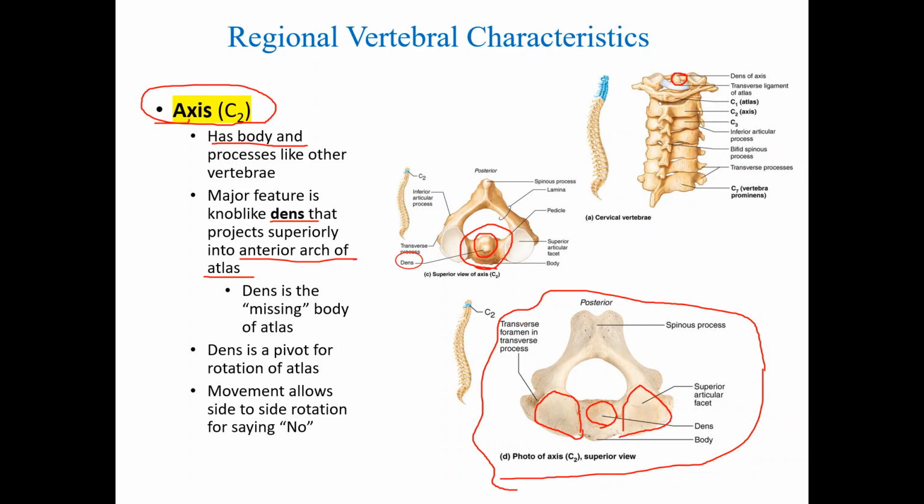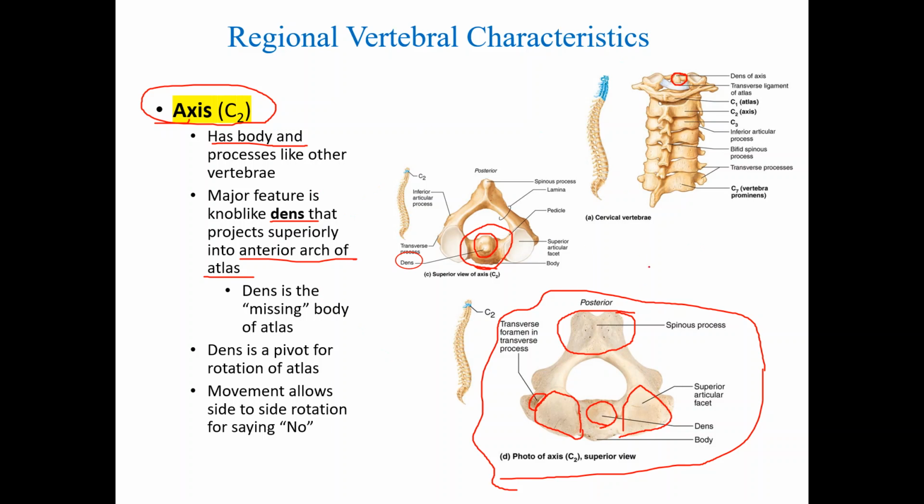That's always there, no matter what. And then this is the spinous process, of course, okay? Transverse foramen, which is in the transverse process, as we saw in the previous slide.